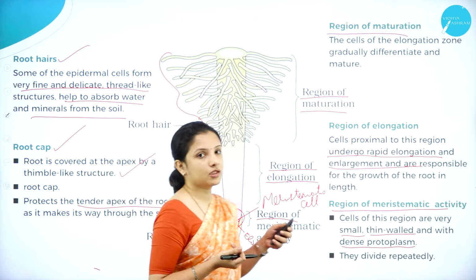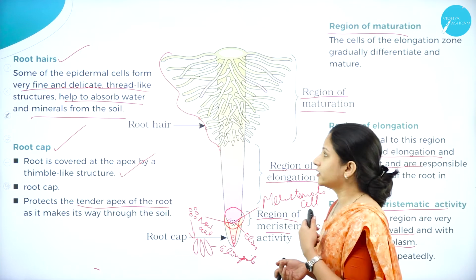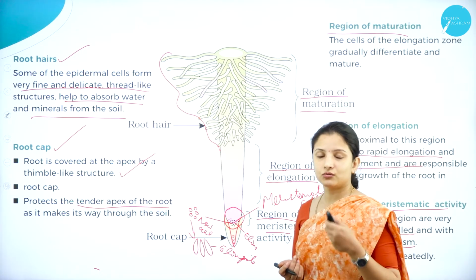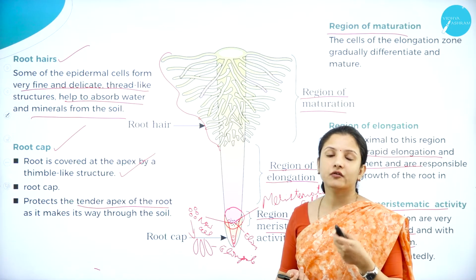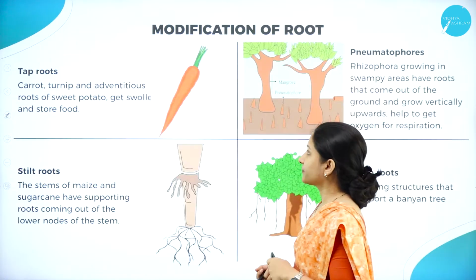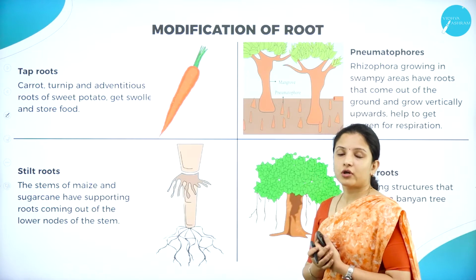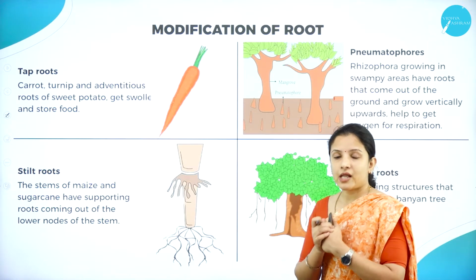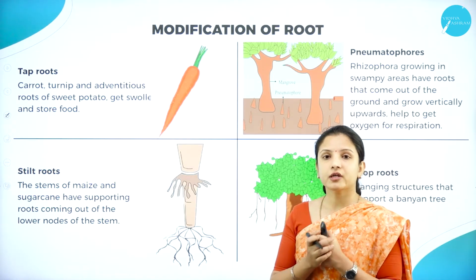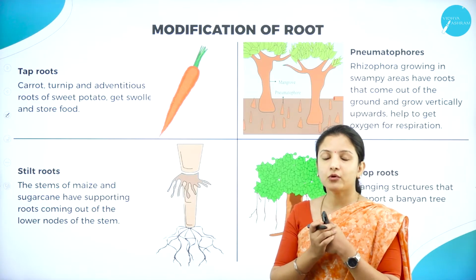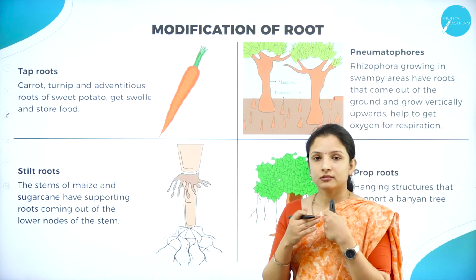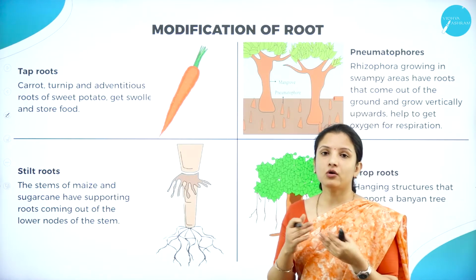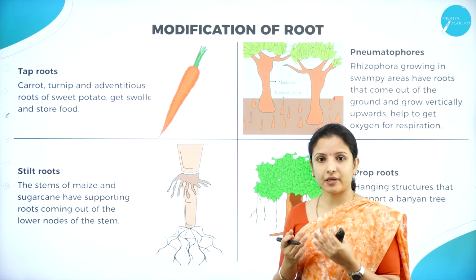So this is about the structure of the root, wherein you studied the root hairs, the root cap, the region of maturation, region of elongation, and the region of meristematic activity. Next, moving on to modifications in the root. Plants do not always have their roots as such. Some modifications occur in the root in order to cope or survive in the environmental conditions.